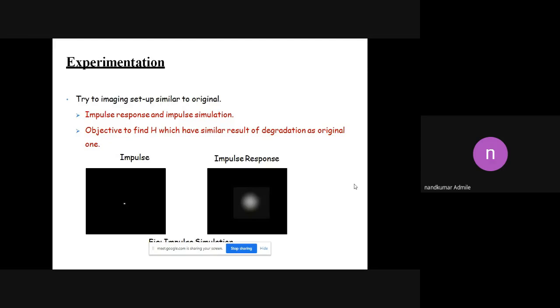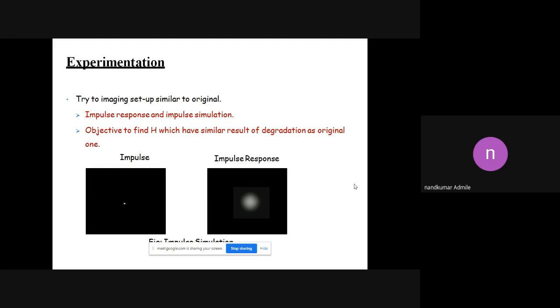Now the second is by doing an experiment. We have to simulate the image and define the degradation function. For that we can take an example of impulse response. Everyone focus on the two images. In the first image, we can find a small white dot.